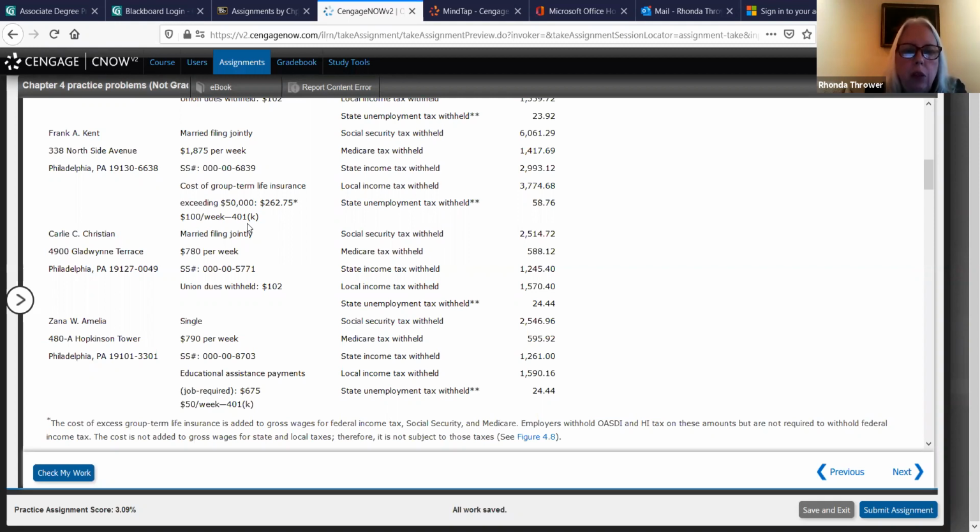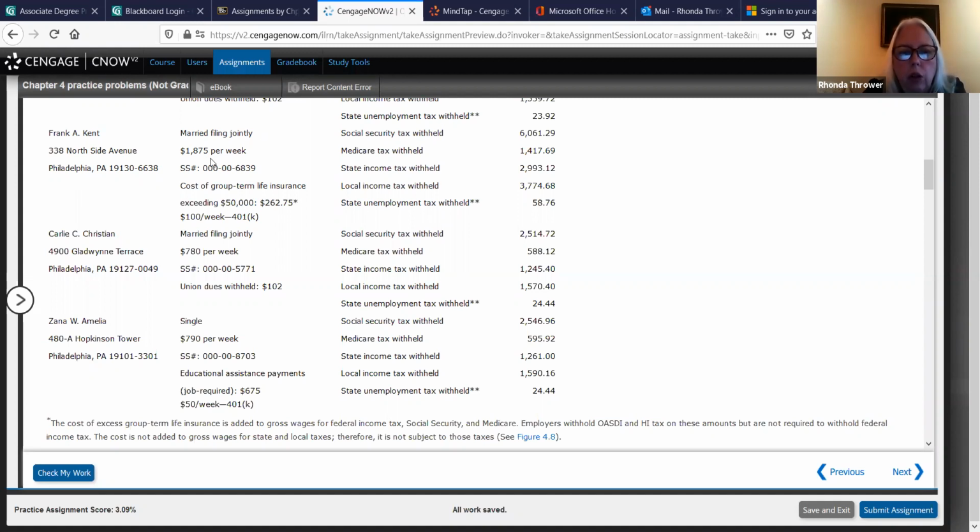So to figure out this one, I'll go ahead and do this whole thing with you so you won't get confused about this one, because I got a couple of different things on here about where to put this. It won't hurt us to review how to figure out your federal income tax again, because that's mainly what this chapter is about. So let's do this whole Frank A. Kent. I'm going to do all of that for you.